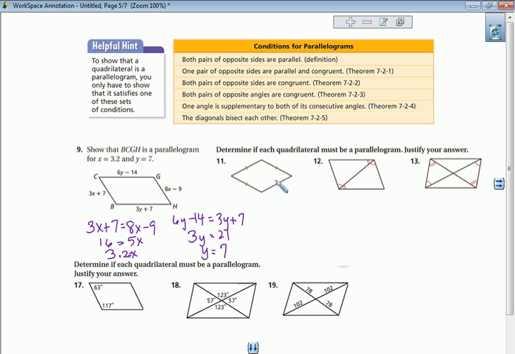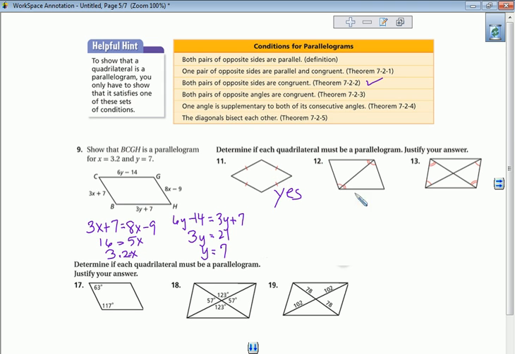Now these are a little more interesting. Did they give us enough information to determine if we have a parallelogram? All right, we have 4 congruent sides. Do you see that we have both pairs of opposite sides are congruent? Check. Is that enough? Yes, it is.